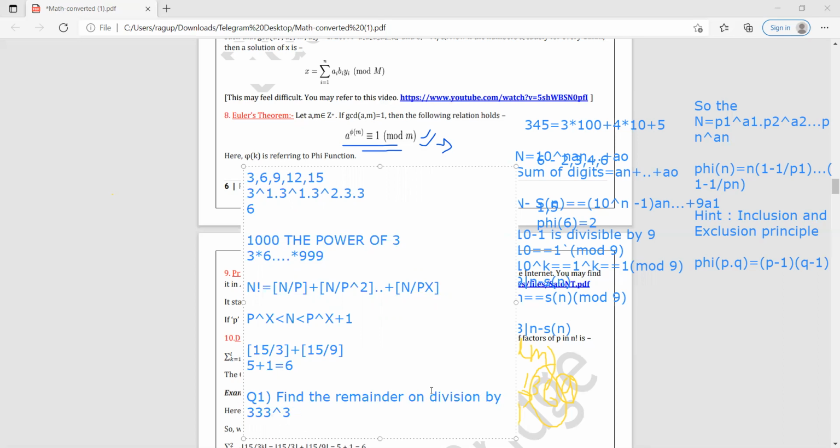Then find the remainder on division by 7, when 3 raised to 3 is r1 mod 7, and find the remainder.